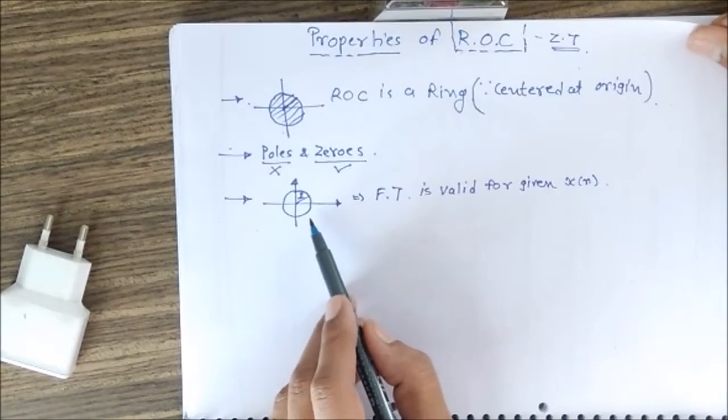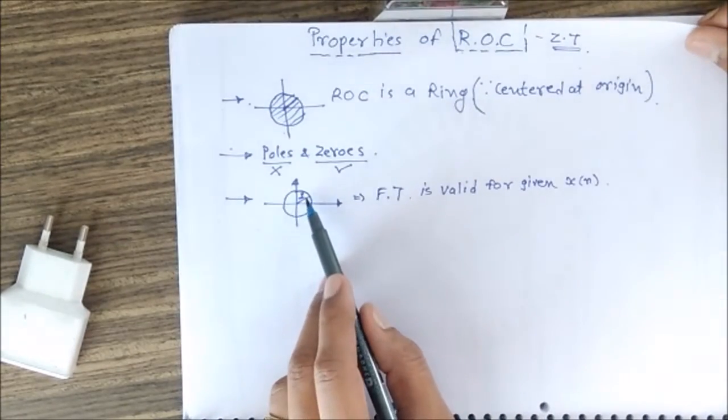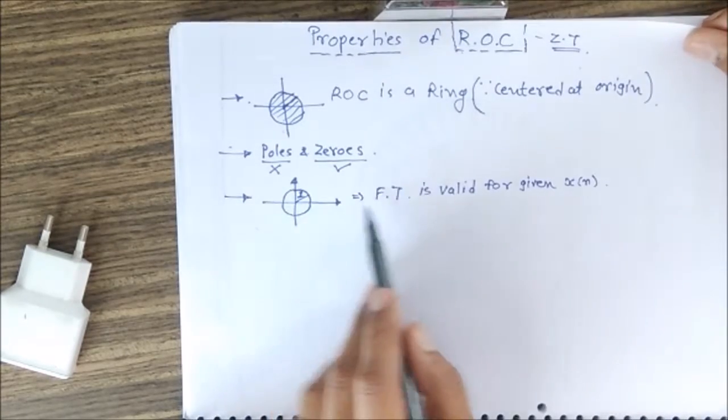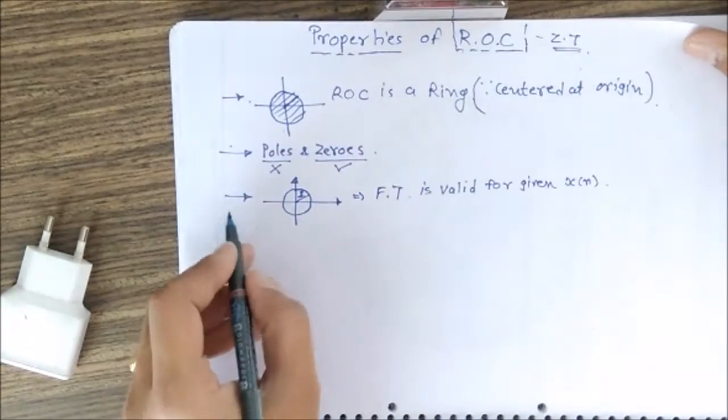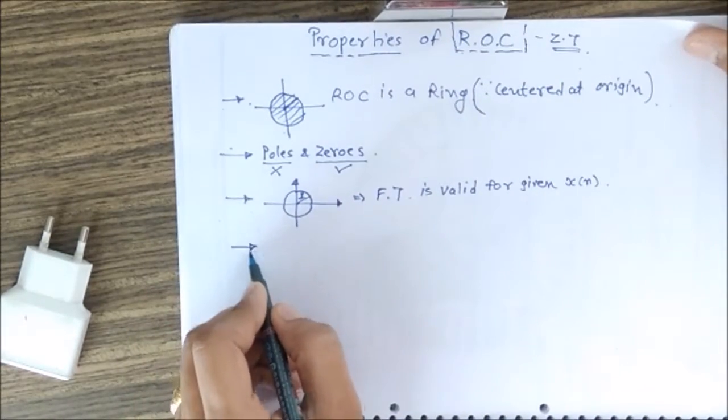If ROC covers the unit circle with radius 1, then its Fourier transform is valid for given x of n. It is the third property of ROC.